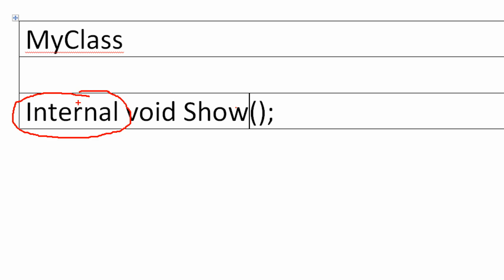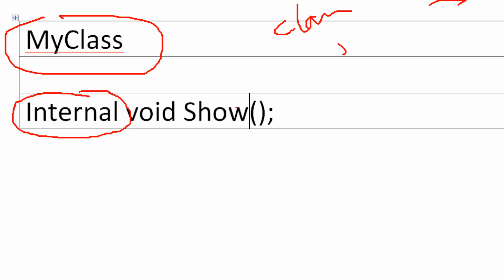You remember, up to some time, when you are defining a class, don't use any access modifier. You write class, class name, open the brace, close the brace. But while you are defining any method, simply use an access modifier called internal. At the time of the access modifiers discussion, you will get more and more clarity. Up to that, you follow it.